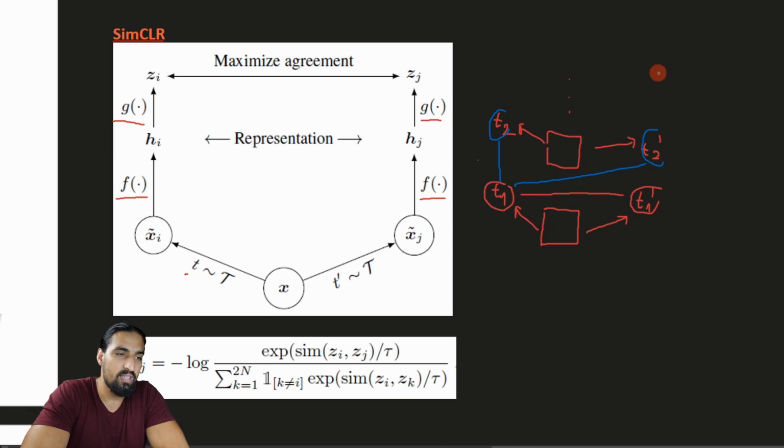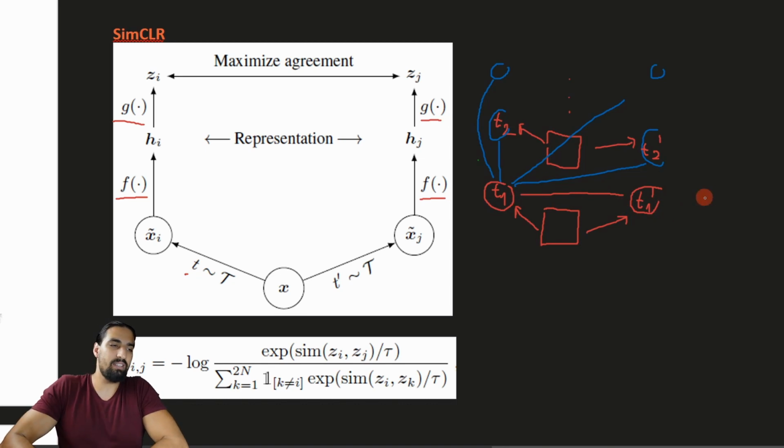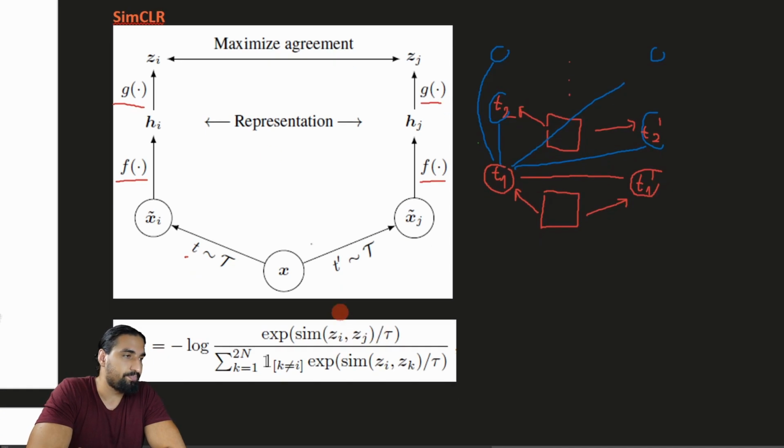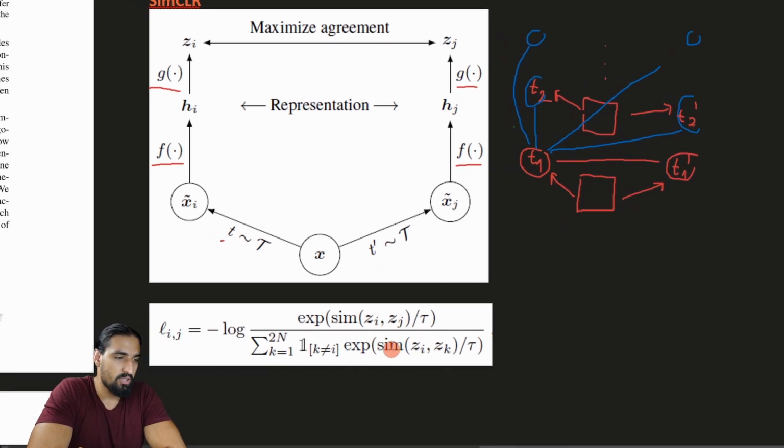And the same for every single image in the batch. You push them away, and the only things getting pulled together are those two images here. So that's the whole idea of SimCLR. That's just shown formulaically here. You basically have, as I said, a similarity, usually a dot product between those representations.